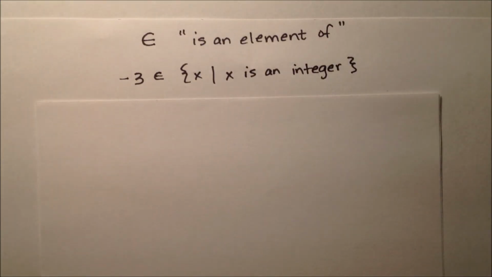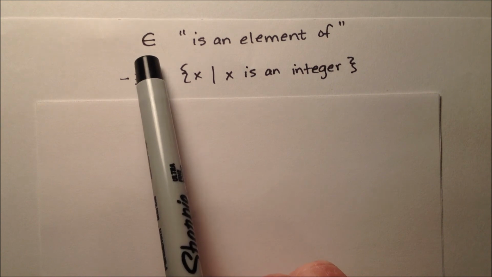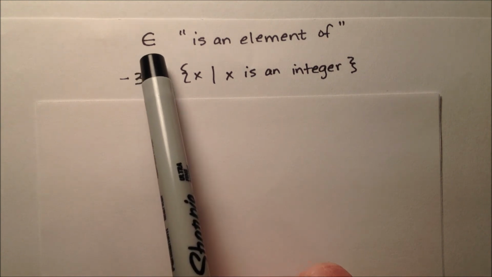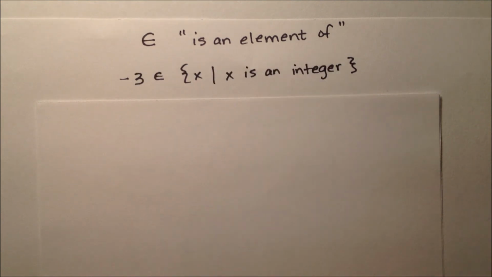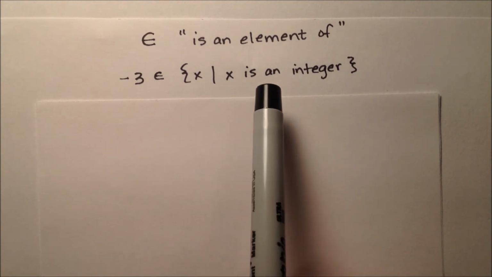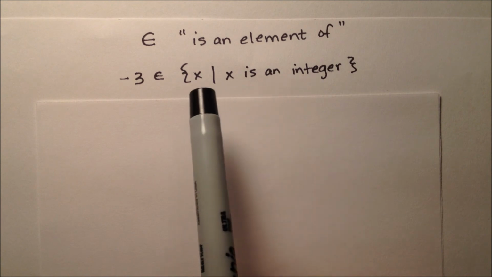Let's take a look at a couple of other symbols used in set notation. This first symbol is called the element symbol, and it's kind of shaped like a funny E. And when we read it, we read, is an element of. And I've put this in set builder notation so you have the opportunity to see another example.